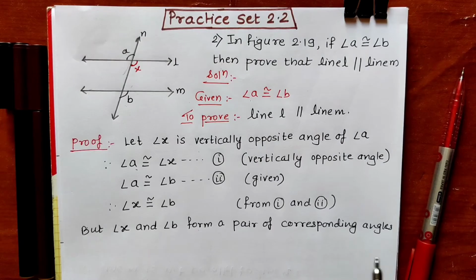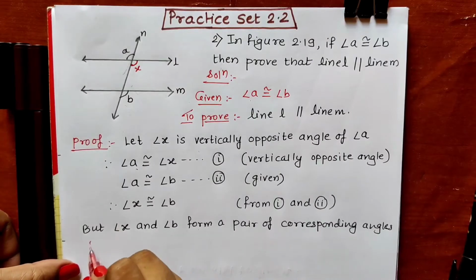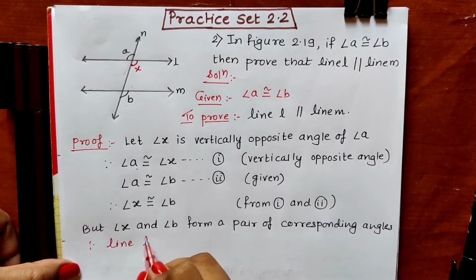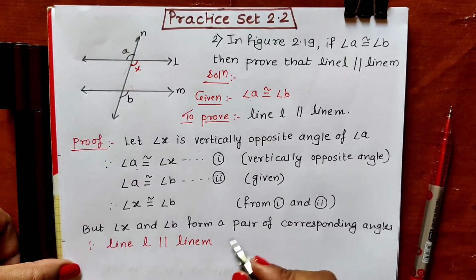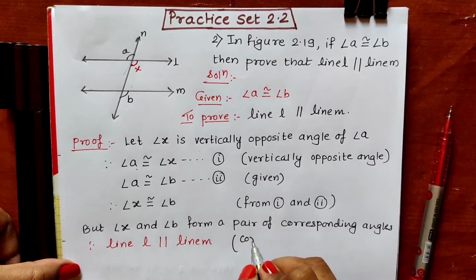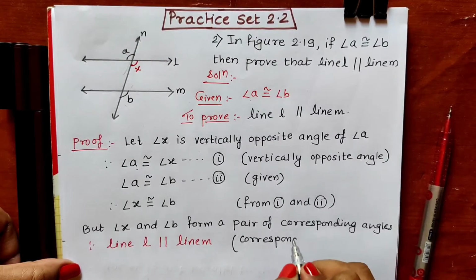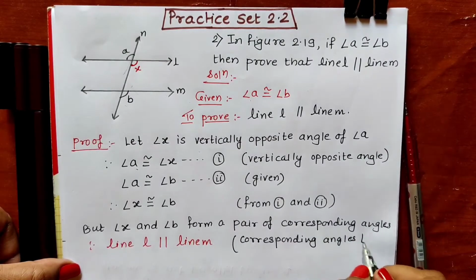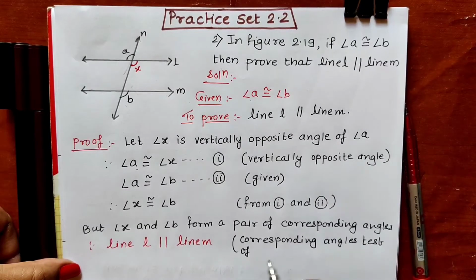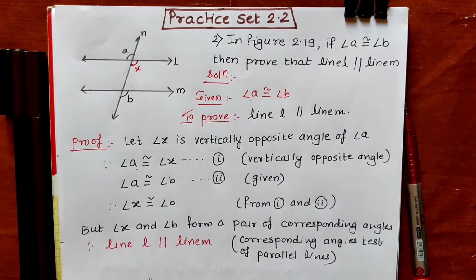And as the pair of corresponding angles are congruent, therefore line L is parallel to line M. The reason we should write for this step is corresponding angles test of parallel lines. Hence, we have got the proof. So here we should write hence proved.